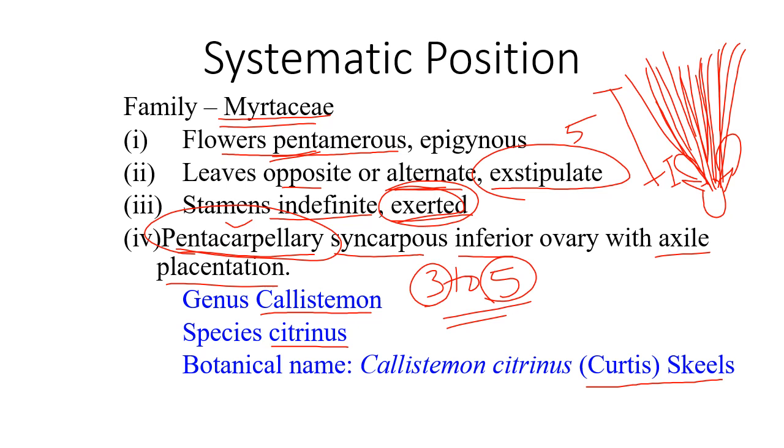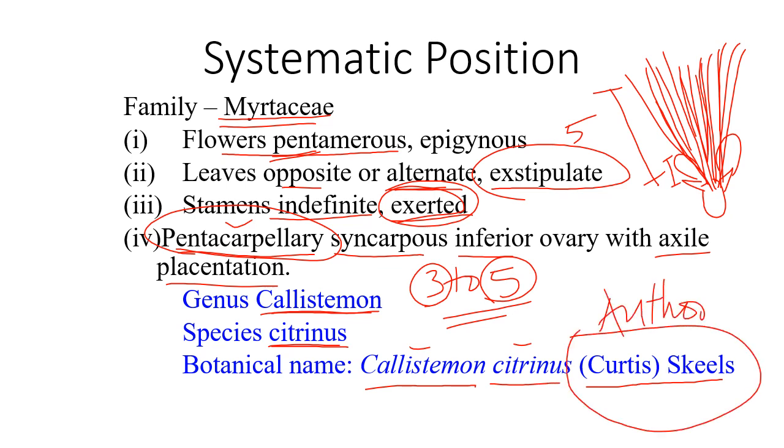So the botanical name must be written in italic format, or if it is non-italic then you must underline it, and the botanical name must be with this authority, then only is this name considered a complete name. Thank you.